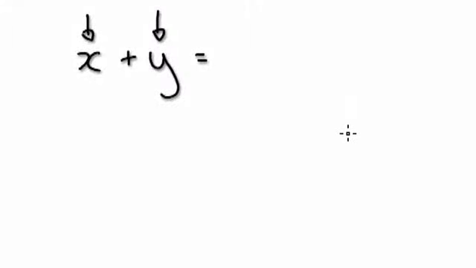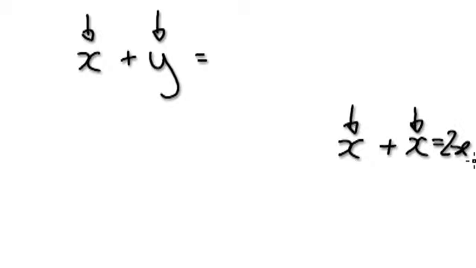So just a recap. Suppose you're asked x plus y. What is that? Well, here you've got an elephant plus a giraffe. You can't do it because there are two different types. So if you have x plus x, then you can do it, because one elephant plus one elephant becomes two elephants.